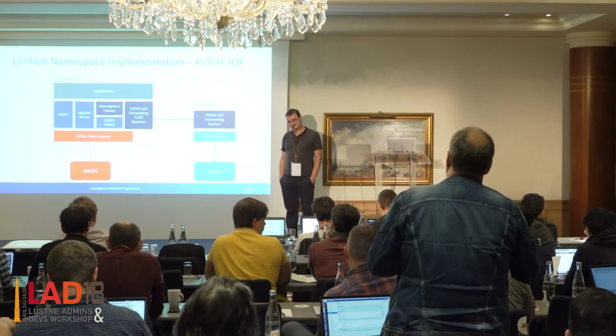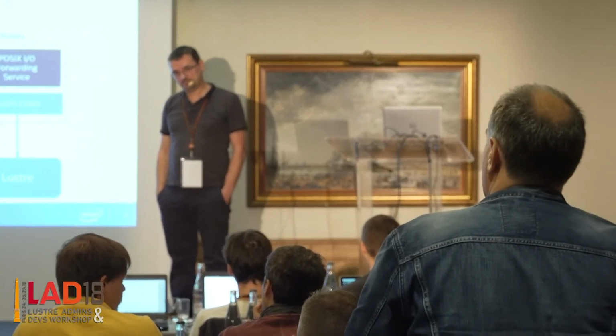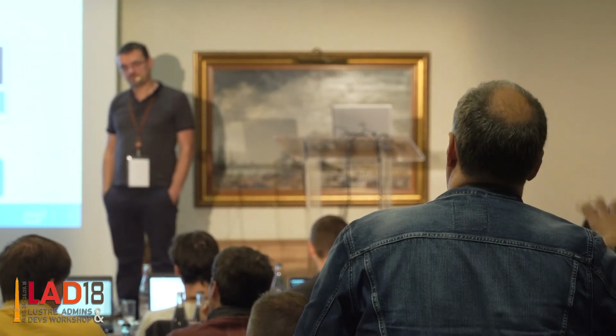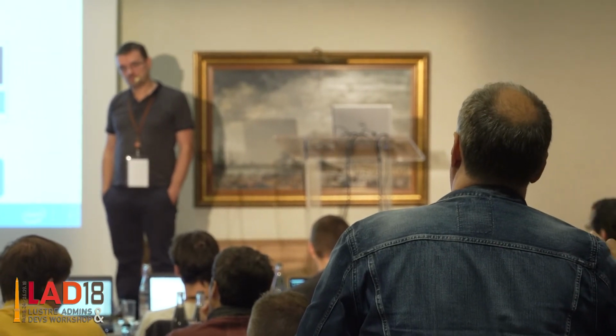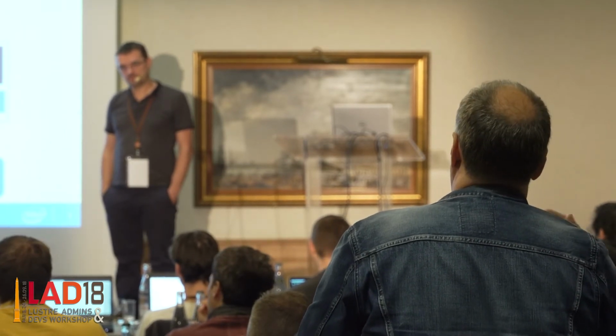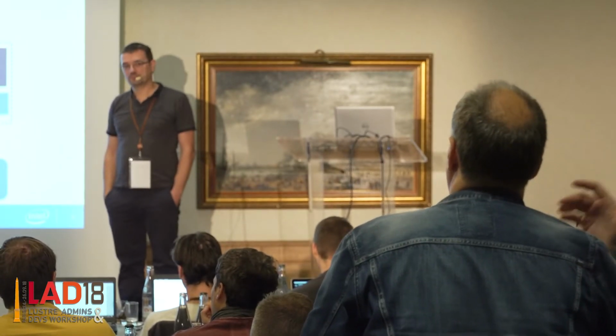DAOS will be present in the Lustre namespace as a special directory with special fields, and DAOS is a special MDT. So an unmodified Lustre client will talk with this MDT or with the current MDT.